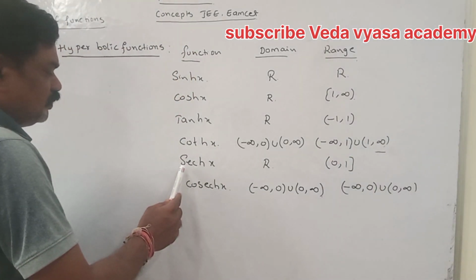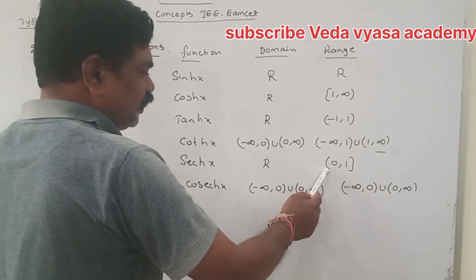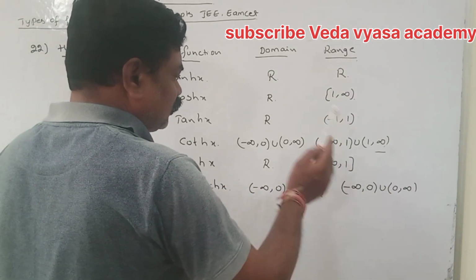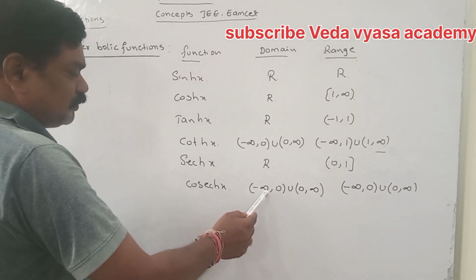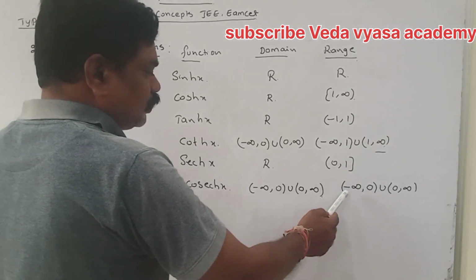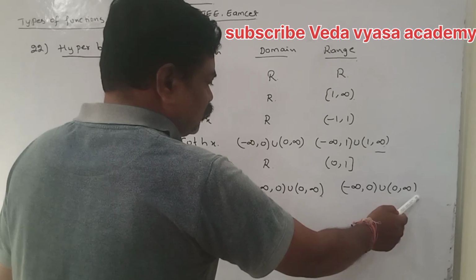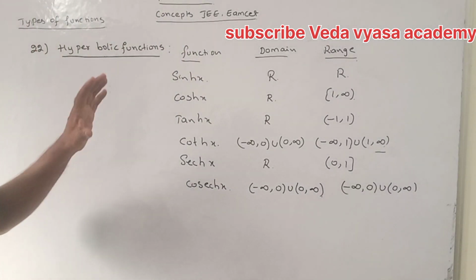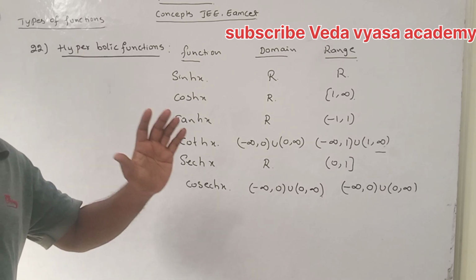Sec hyperbolic function domain R and range open interval 0 to 1 closed. Cosecant hyperbolic function domain minus infinity to 0 union 0 to infinity, range minus infinity to 0 union 0 to infinity. These are the hyperbolic functions' domain and range.